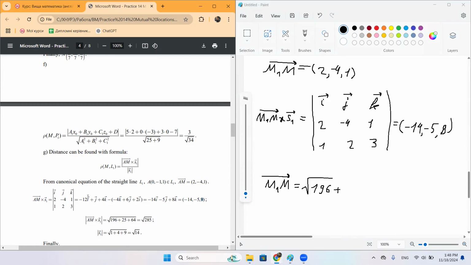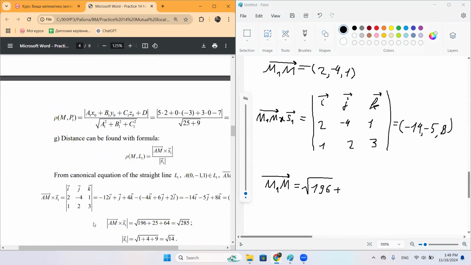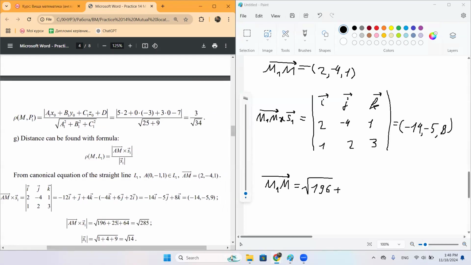It is a related mistake, yeah? So, by the way, let's double check what is happening here. So minus 12i, correct, plus j, plus 4k. Yeah, so this part is correct. So minus 4k plus 6j, yes, plus 2i. And when expanding the brackets, what do we have? So minus 12 minus 2, minus 14. Okay. 1 minus 6, so minus 5.